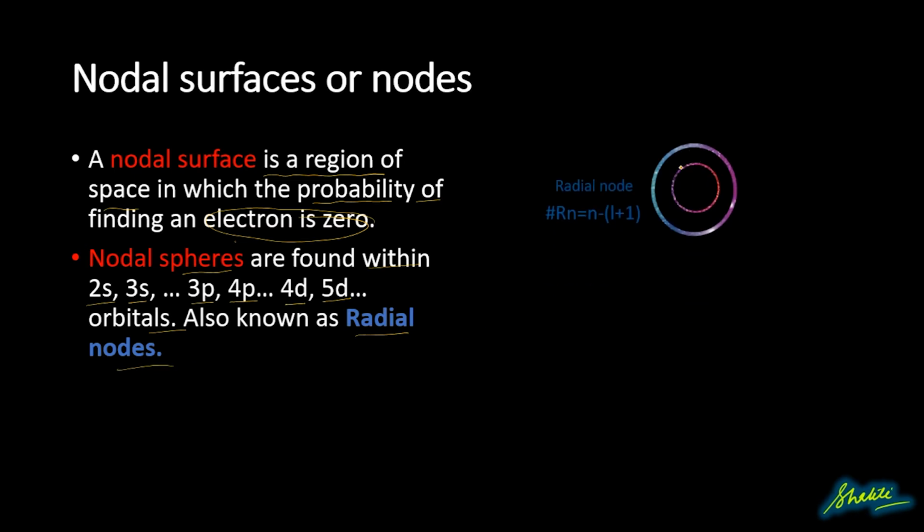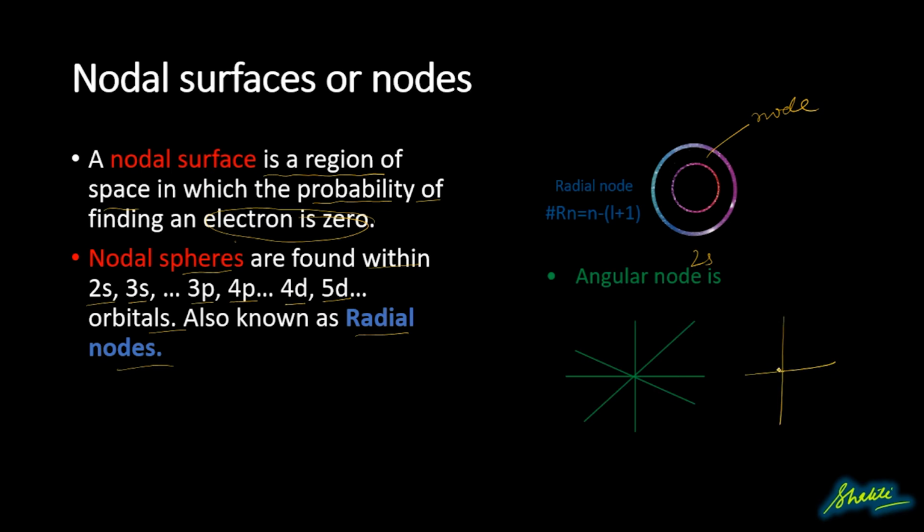This is the region where the probability of finding the electron is 0, and this is called a node. This is the 2s orbital, and these are angular nodes. These are found in p orbitals where the probability of finding the electrons is 0, like this. On this angular plane, the probability of finding an electron is 0 in the p orbital.